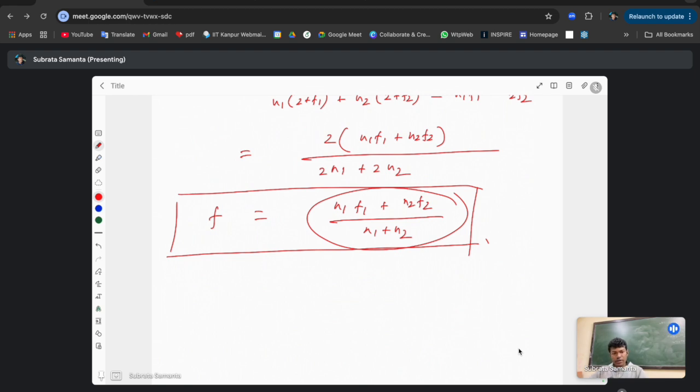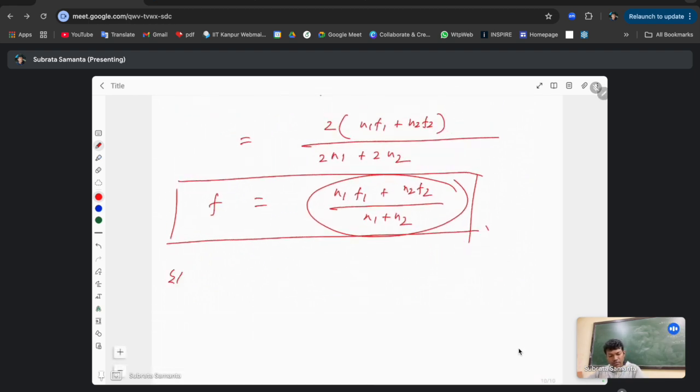Similarly, let's take one example for this. Let's say for a diatomic and a triatomic, I mix two kinds of molecules.